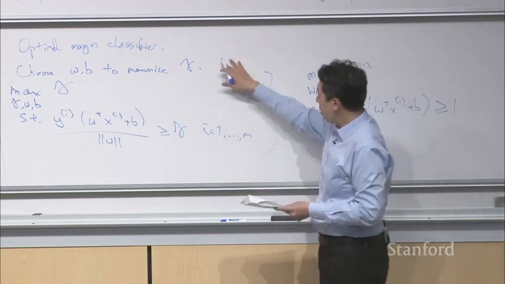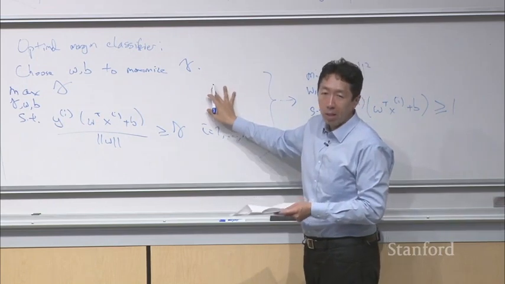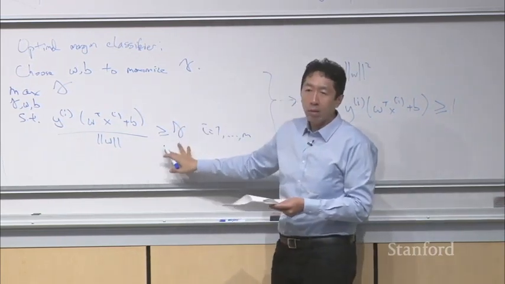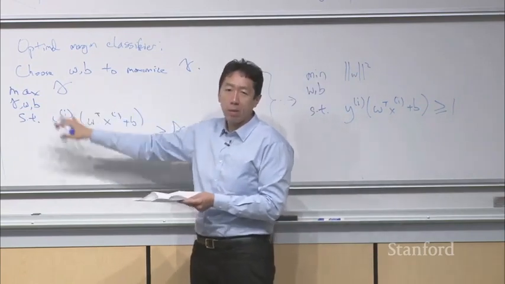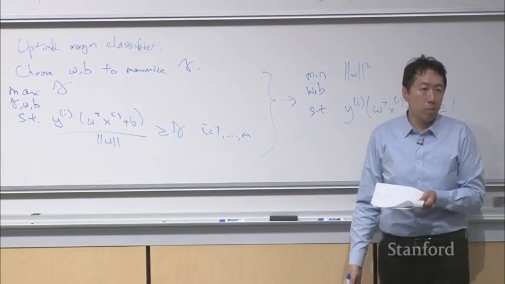I hope this problem makes sense, right? This problem is just: solve for W and B to make sure that every example has geometric margin greater than or equal to gamma, and you want gamma to be as big as possible. So this is a way to formulate an optimization problem that says maximize the geometric margin.